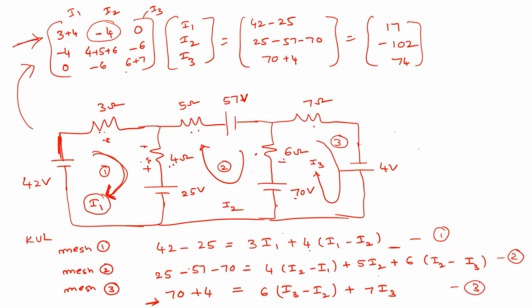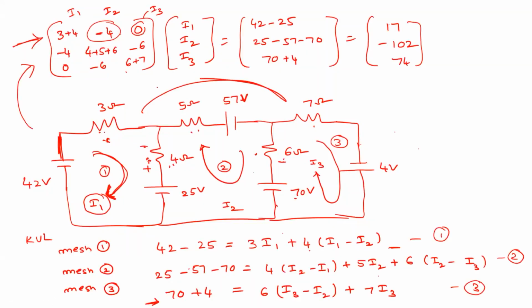Which resistor is common to mesh 1 and mesh 2? 4. So you have minus 4. Why minus sign? Because the current is flowing in the opposite direction. Between mesh 1 and mesh 3, what is common? Nothing common, so we have 0.